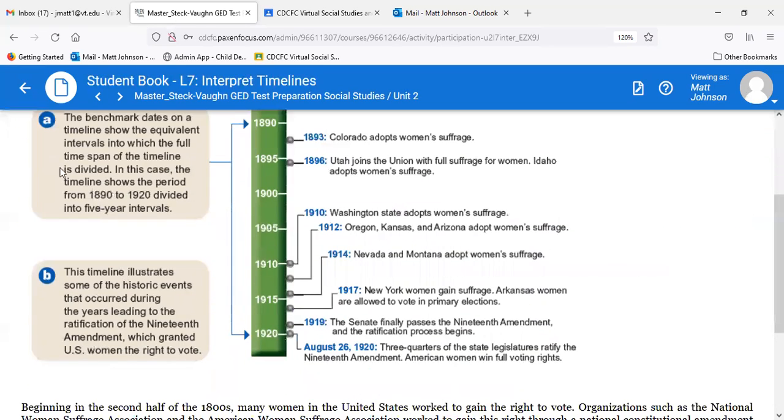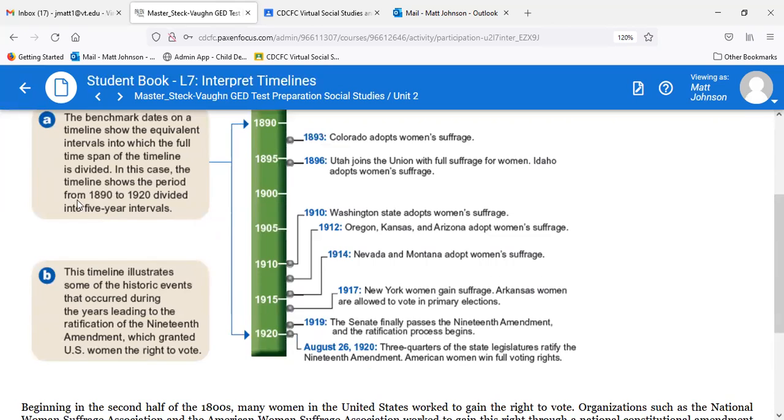You see in our text box where it says the benchmark dates on a timeline show the equivalent intervals into which the full time span of the timeline is divided. In this case, the timeline shows the period from 1890 to 1920, divided into 5-year intervals. So about a span of 30 years between 1890 and 1920.